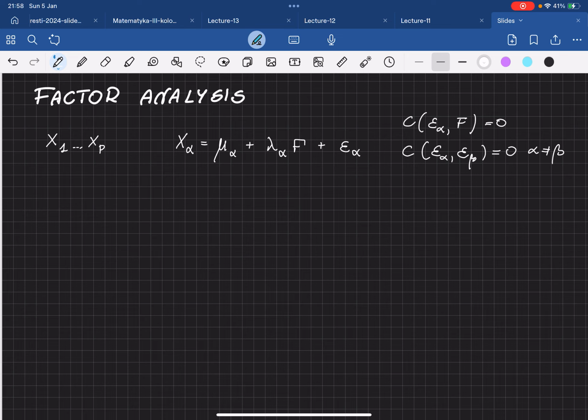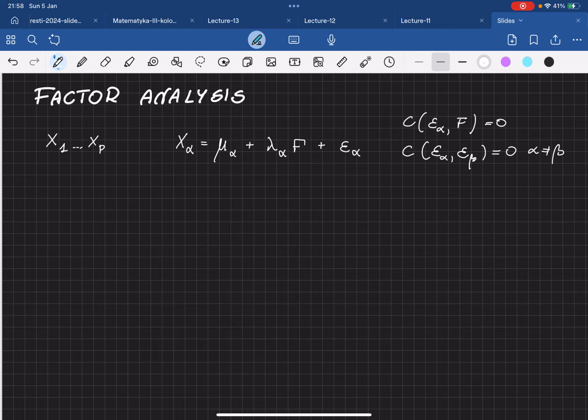If we have more factors, maybe before we pass to multiple factors, let us try to interpret the coefficients.